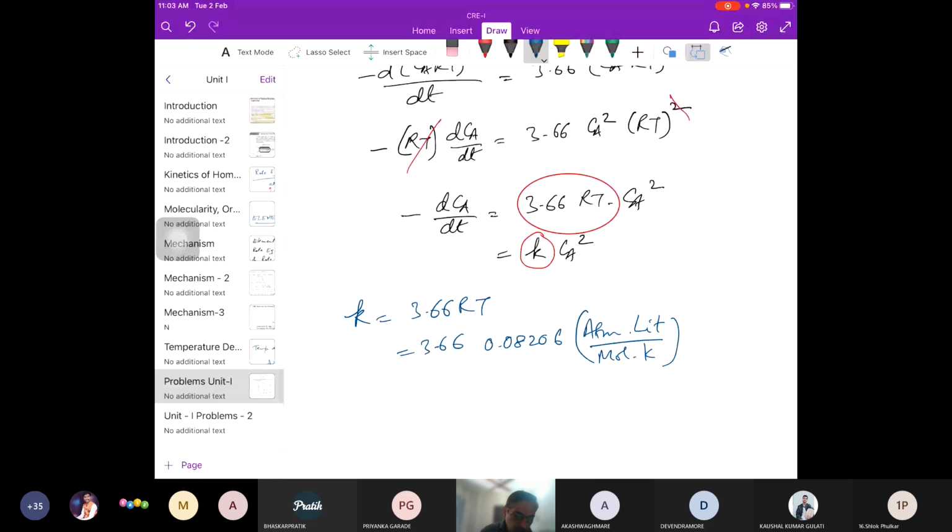And temperature is in Kelvin. What is the temperature given?